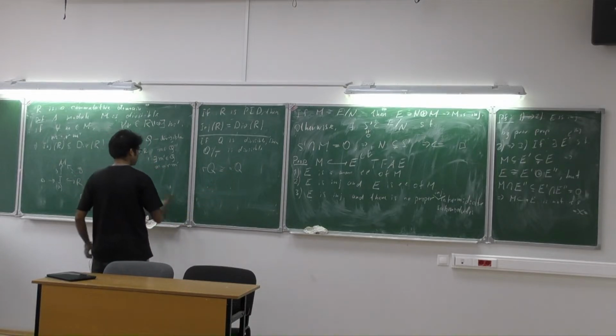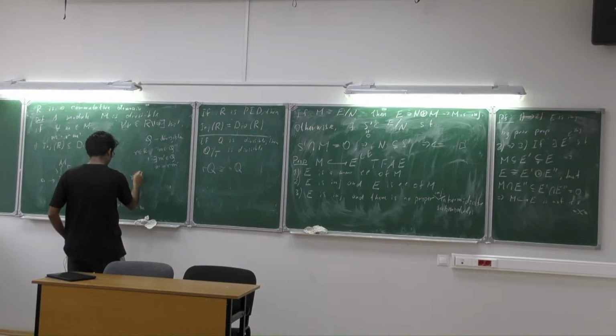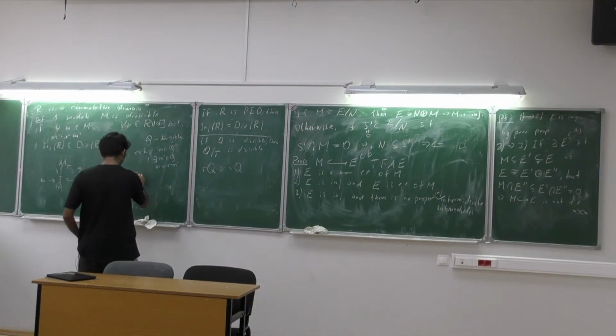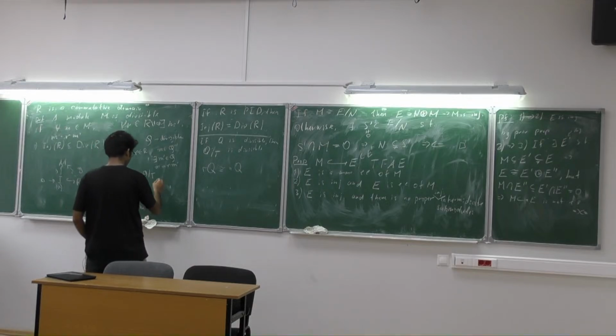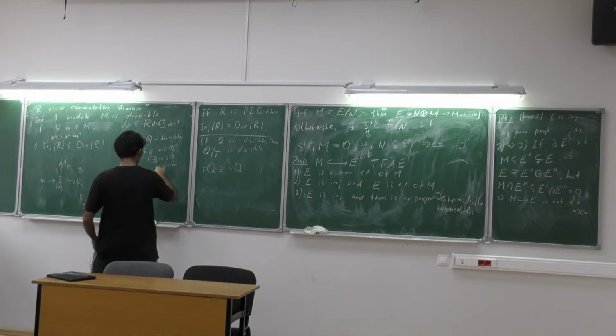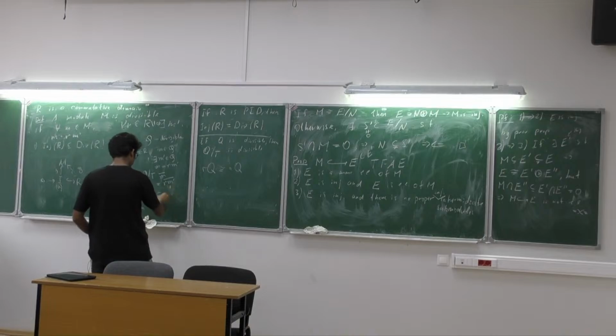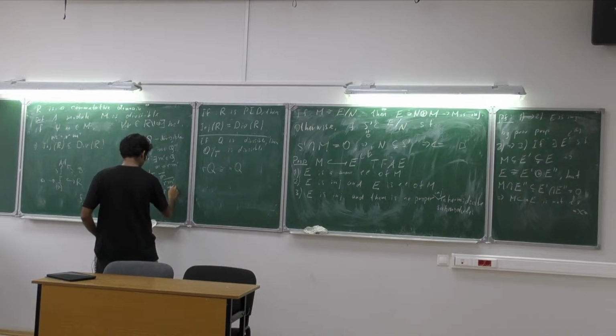So I am choosing an element, suppose I am writing it as M prime, it is M bar, which is inside Q mod T. I am saying that this is from the class of M. So now if I apply the bar on here, M bar, this is equal to R M bar, and by the quotient property I can just take it outside, and M bar is inside Q mod T.